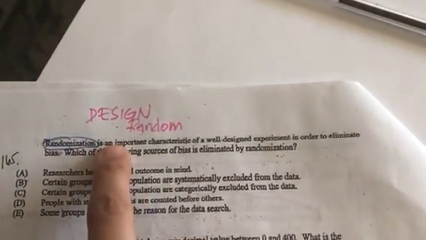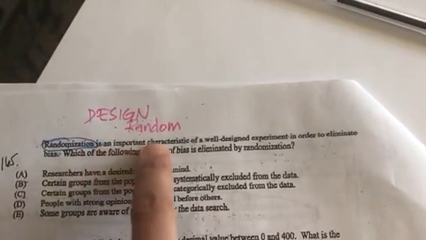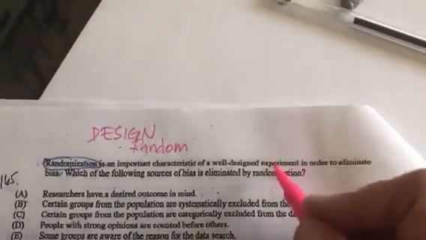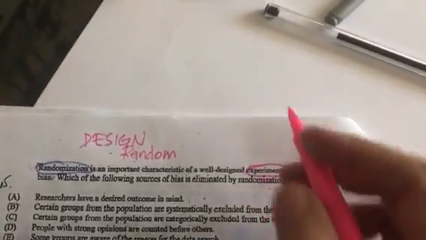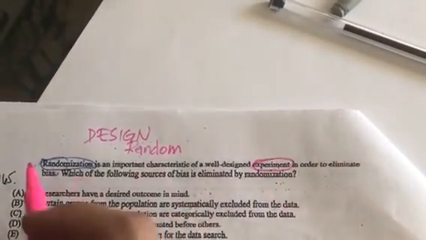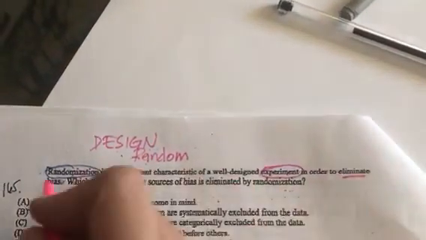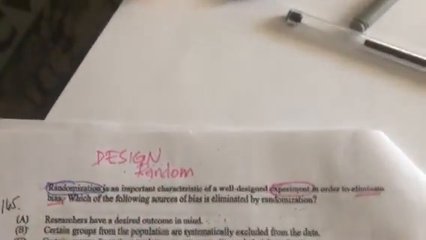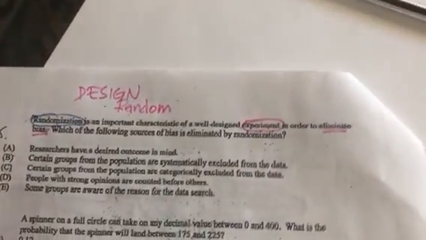So let's read what type of a question they're asking. Randomization is an important characteristic of a well-designed experiment. So when I'm doing an experiment, I have to build in randomizing in order to eliminate bias. Okay, so this makes a lot of sense. I think we do this anyway. We've been taught to do this.